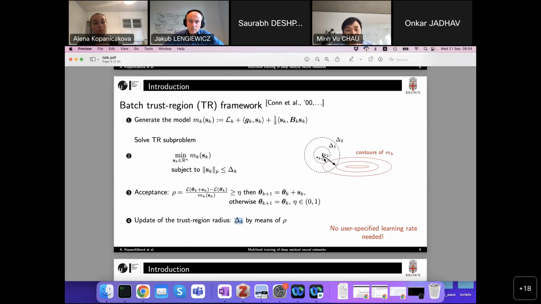Maybe 2 iterations will be somehow useless because you will be rejecting your steps and shrinking your delta. But after the algorithm catches up, and this typically takes just 2-3 iterations, this is very much more effective than training, I don't know, ResNet with 50 different learning rates. Yeah. Okay, thank you very much.